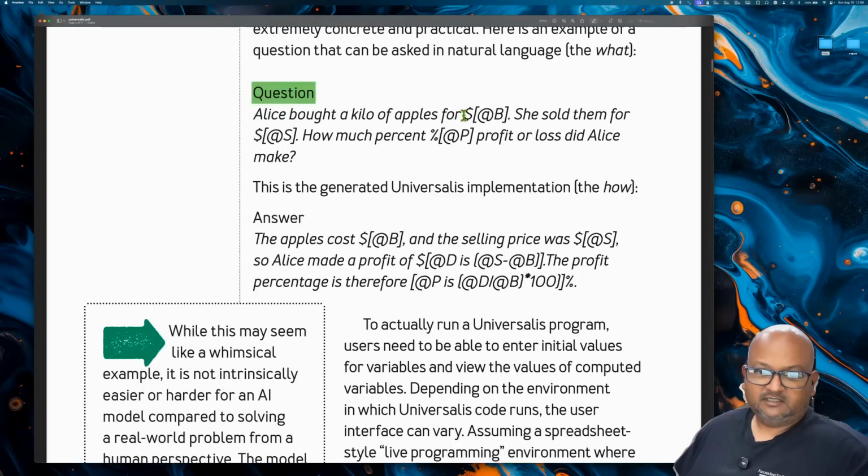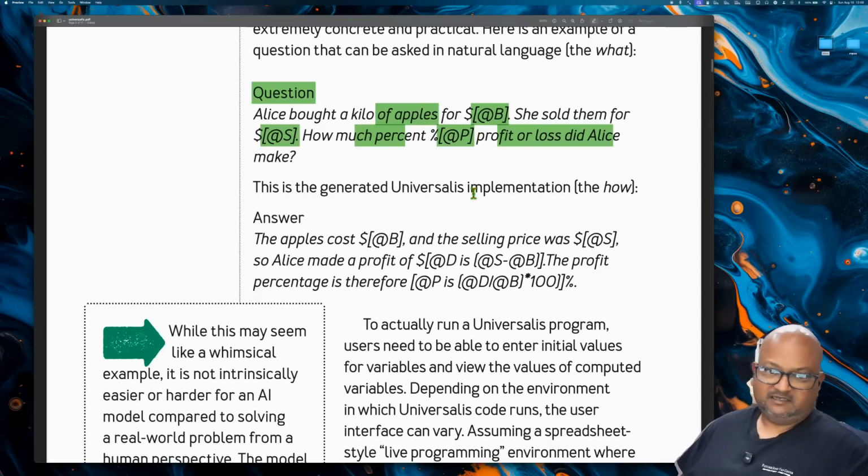So here is a question. This is kind of a typical GSM 8K kind of query where it is about buying something at a given price and calculating the profit or loss. The important thing here is this notation between the square brackets, the price at which apples were bought and the price at which they were sold and what the profit percentage is.